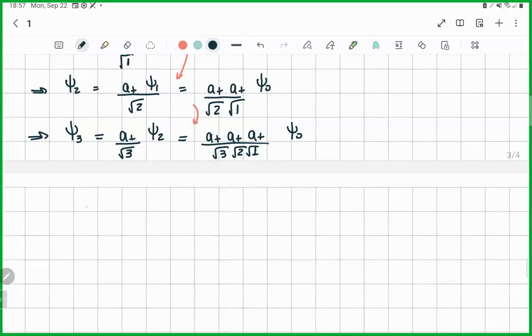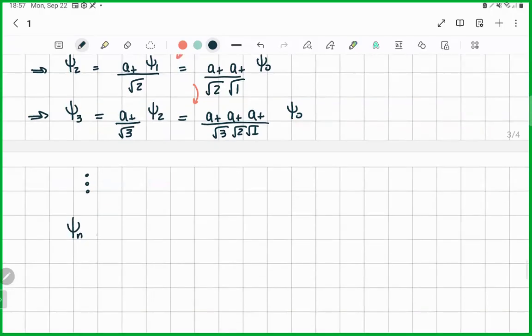So you see that if you go in general, any state ψ_n is just a₊ applied n times on the ground state. And here in the denominator, we have n, n−1, n−2, ..., 4, 3, 2, 1, all this in a square root.